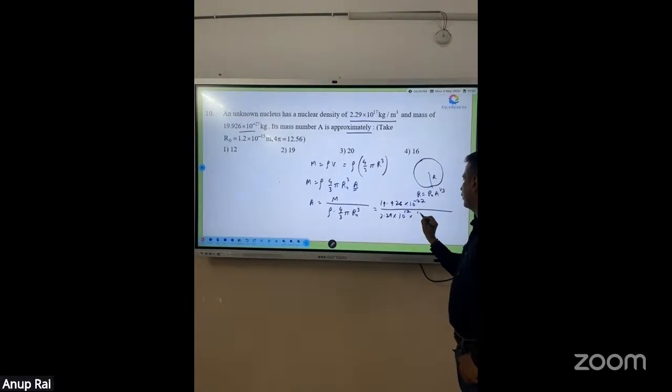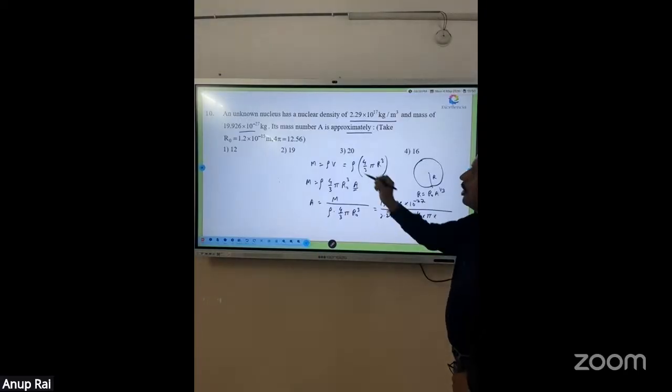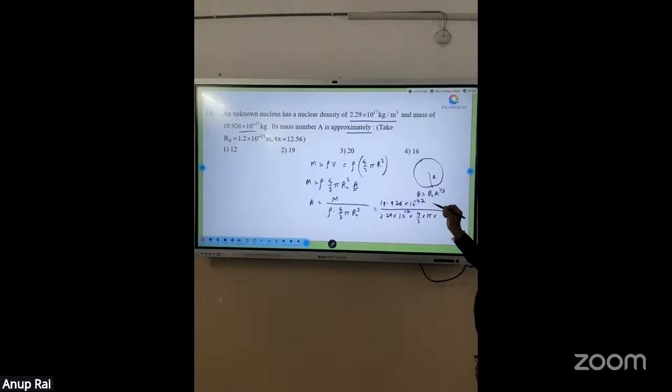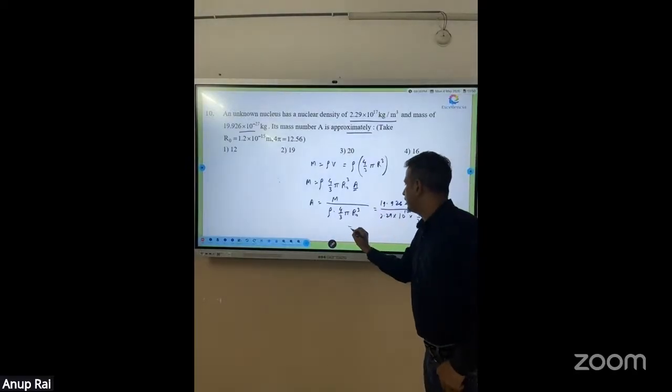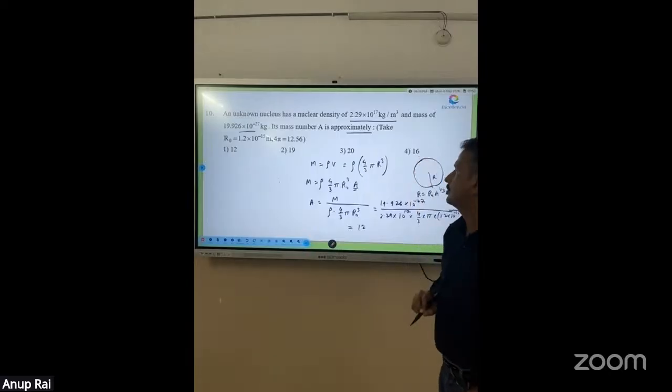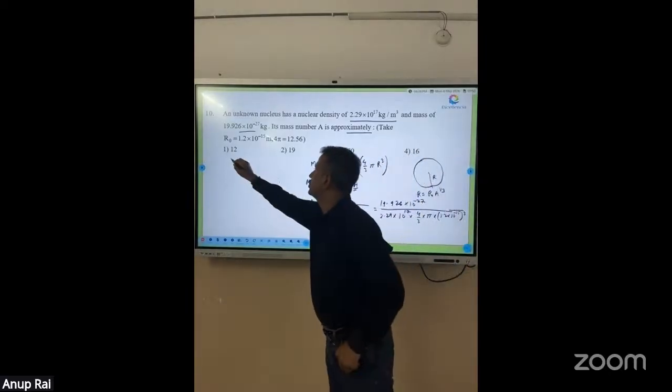Times 4/3 π, and R naught value is given to be 1.2 × 10^-15 whole cube. If you simplify and calculate it, it will come equal to 12. So the correct answer for this is 12.